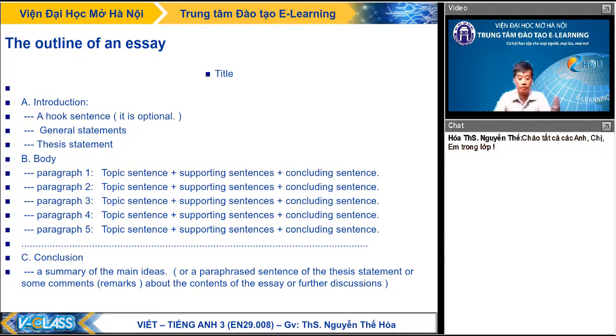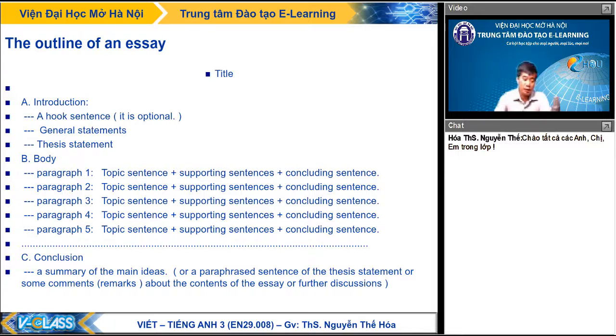And also the thesis statement is the sentence that shows the attitude of the writer. It means that when you write the thesis statement, you have to show your views. So you say your attitude, your viewpoint, whether you are for or you are against a matter or a problem.